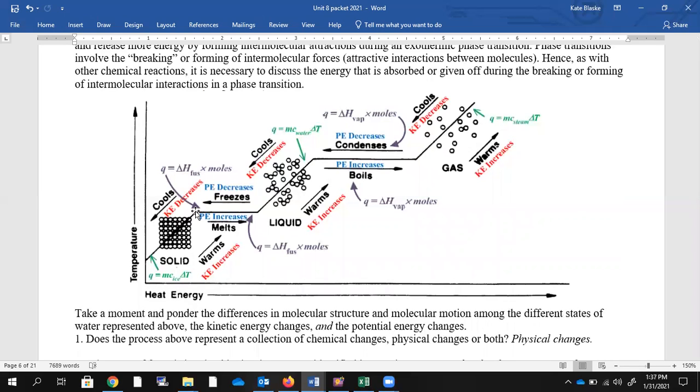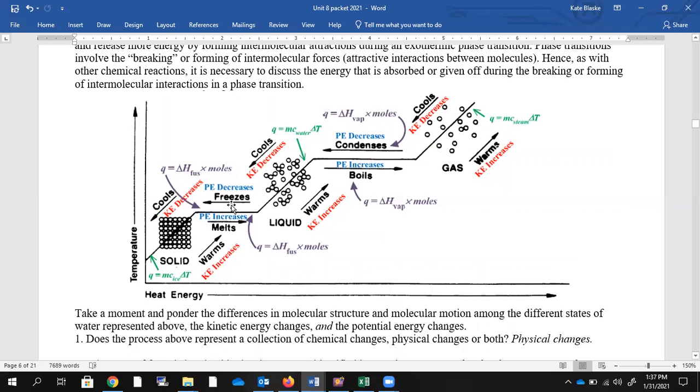At that particular temperature for that substance, if I keep adding in energy, that energy is going to be added in to break apart the intermolecular forces holding those atoms or molecules together. So we have a change of what that energy is being used to do. At first, that energy was being used to increase the temperature. Now that energy is being used to move particles around.